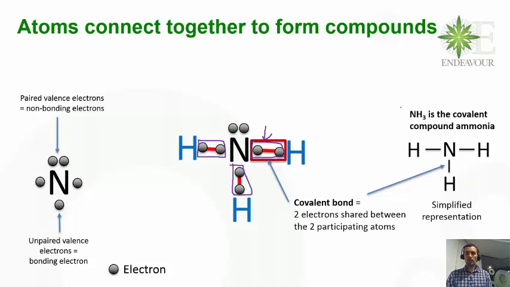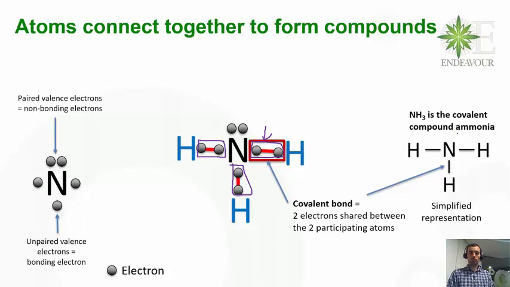So on the right-hand side, this is the common representation that we're going to see our compounds represented in if all the bonds are drawn out. So NH3 is actually the covalent compound ammonia, which you might have heard of. It's in some household cleaning items.